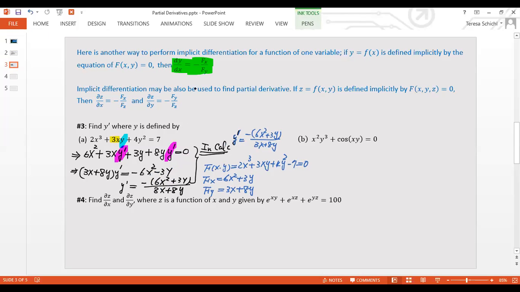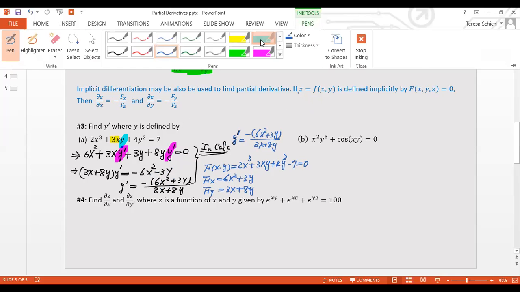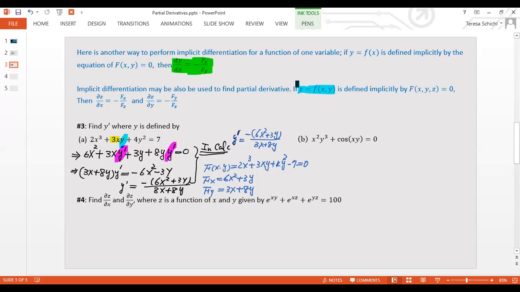Now I'm going to show you the same way: in R3, if z is a function f of x, y, how do you find the partial z partial x and the partial z partial y? You can do the same thing here.